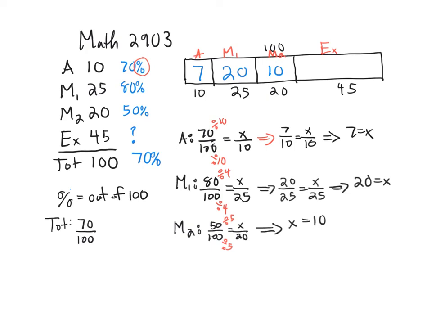So we have 10 plus 20 plus 7. And this is our unknown. Let's give this a letter. How about x? So plus x over 100. So this tells us that 70 equals, well, 37 plus x.